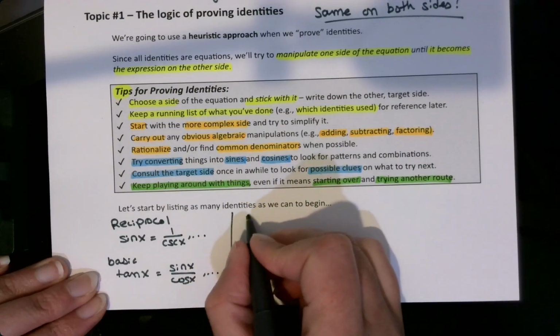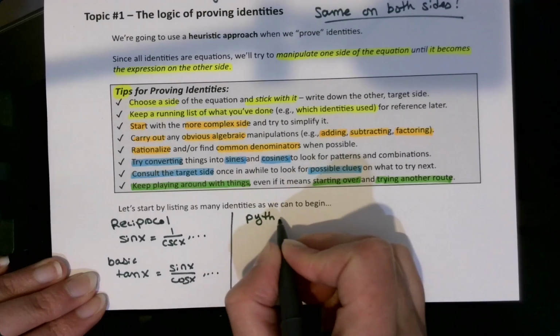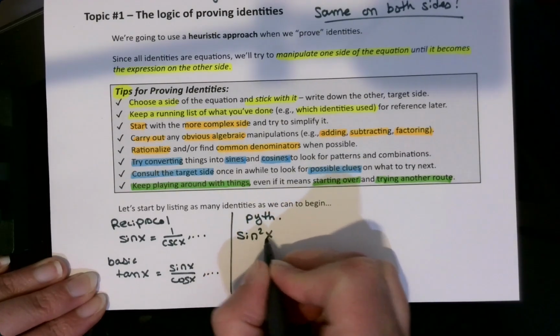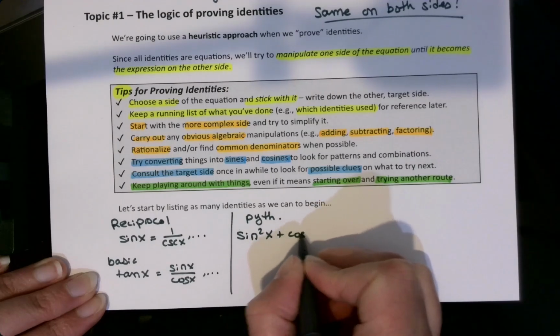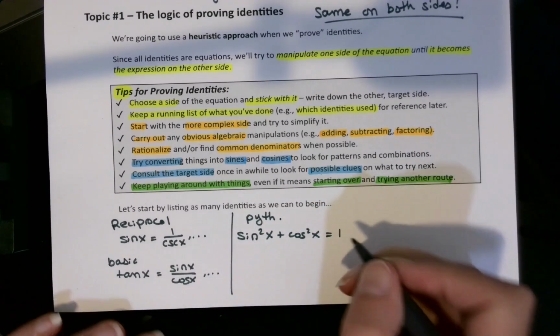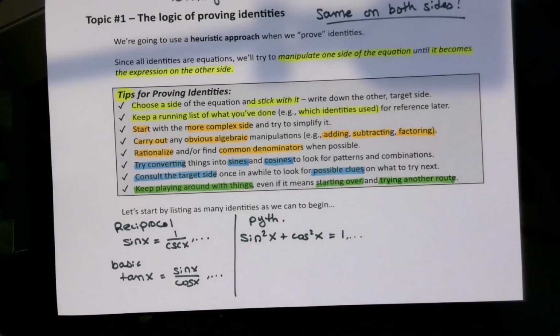We have our Pythagorean identities, such as sine squared x plus cosine squared x equals 1, and so on. You have the ones for tangent, secant, cosecant, and so on.